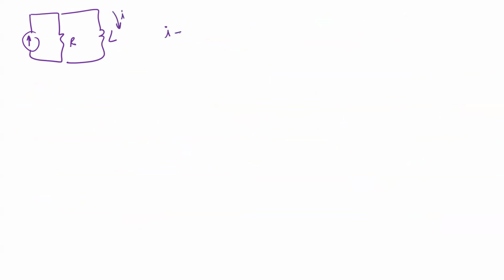So this is the final conclusion. If you have a circuit like this one, with R and an inductor L, then the current I for the inductor should equal IS times (1 minus e to the minus t divided by tau), plus I naught e to the minus t divided by tau.